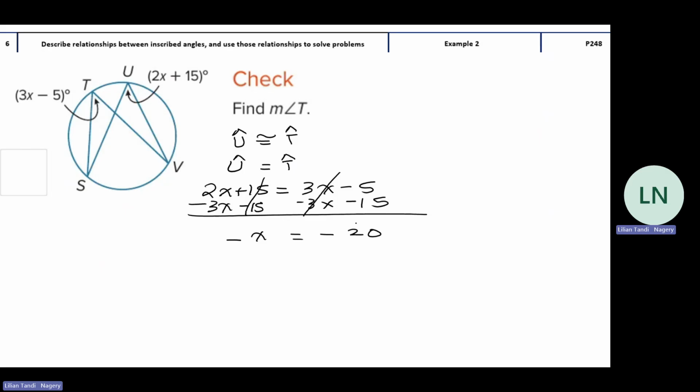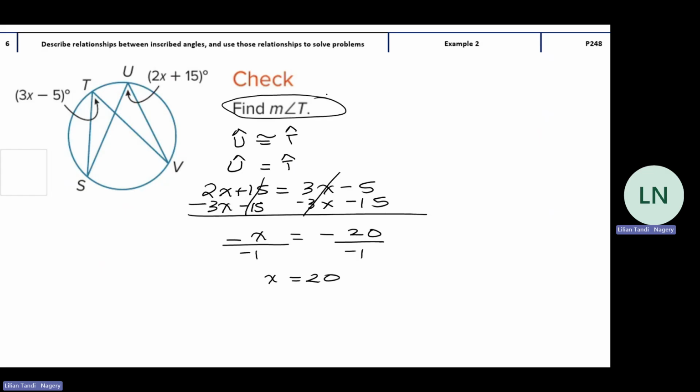Okay? And then I divide both sides by negative 1. And x is 20. But I don't want x.